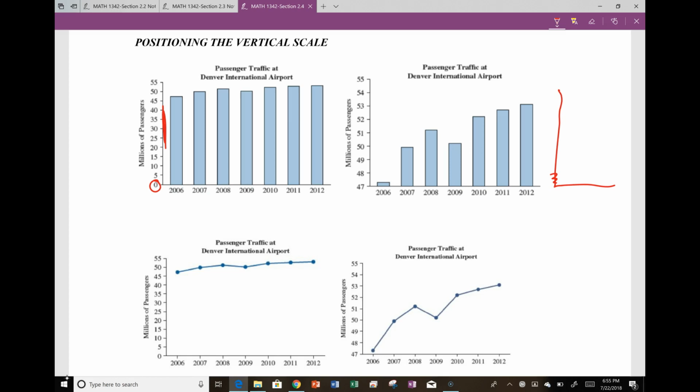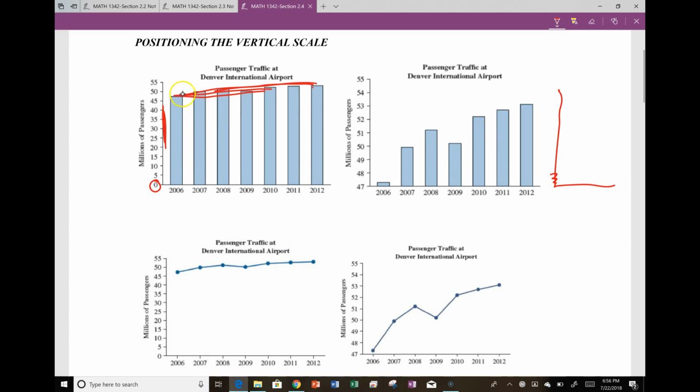So in all honesty, for these numbers of passengers at Denver International Airport for the different years, there's not a huge difference. Whereas if you look at this graph over here, there seems to be a major difference. If you just glance at these two graphs, the one on the right suggests that there are major differences.